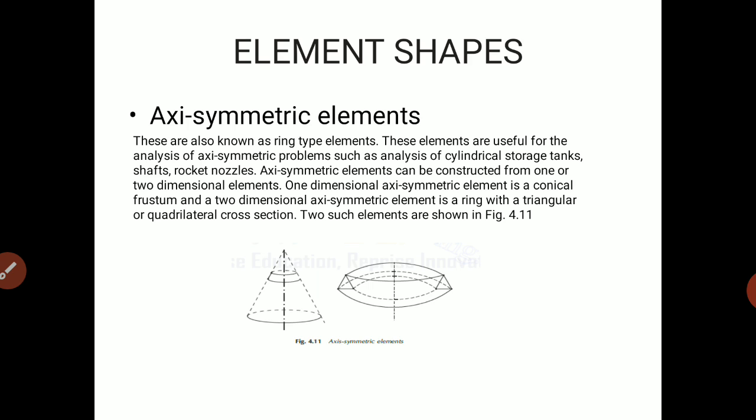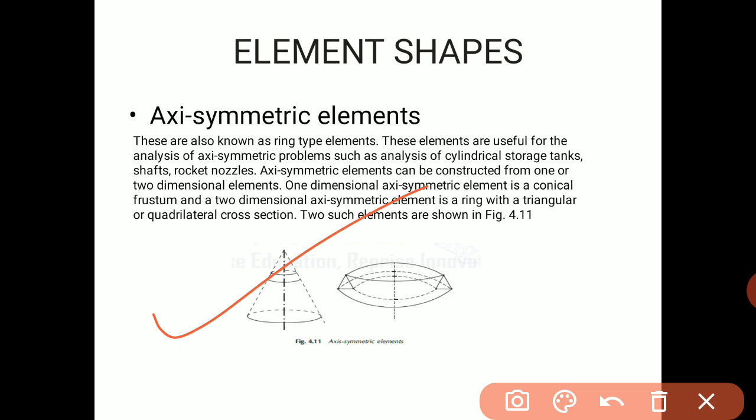It may be in the x direction or y direction. For example, a thick cylinder, circular footing on soil mass, pile foundation, cooling towers, water tanks, circular shafts, and chimneys are examples of axisymmetric elements.